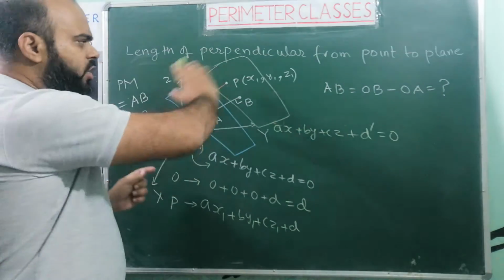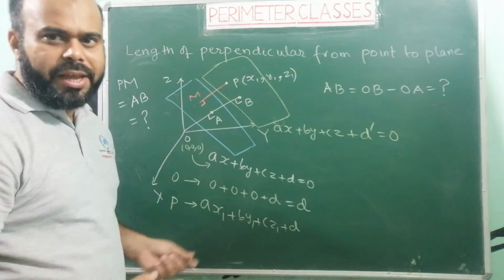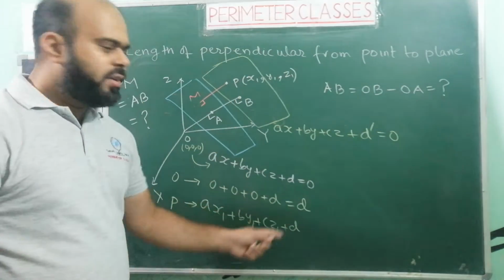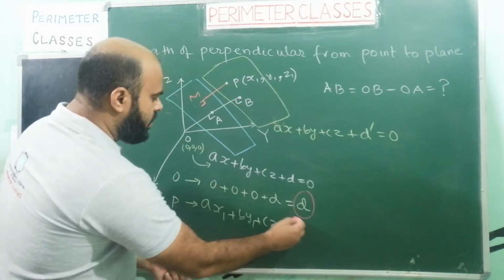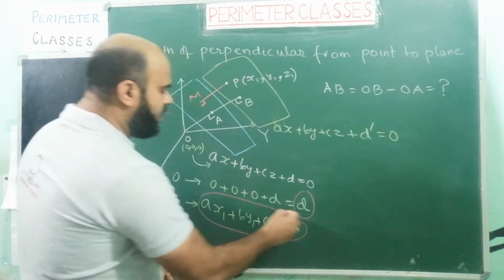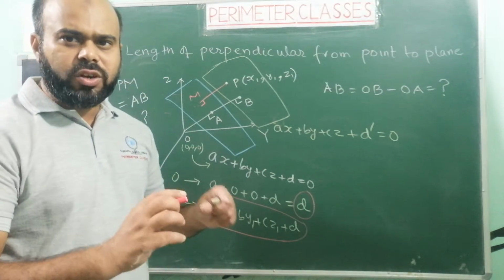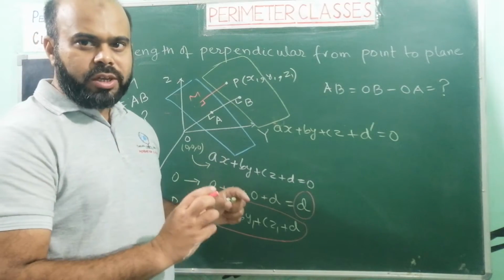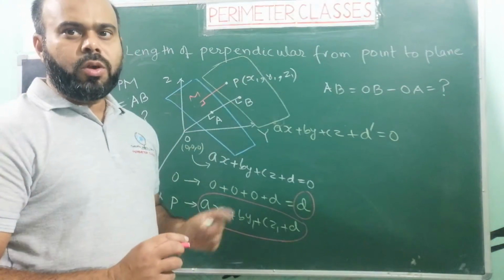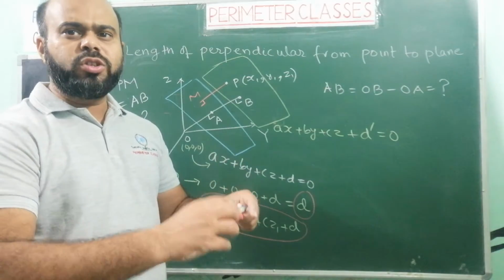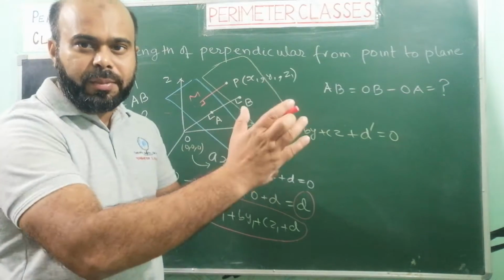Now since the origin and the point P I have taken are on two opposite sides of the plane, these two will have opposite signs. So the value of D and the value of ax1 plus by1 plus cz1 plus d, obtained after putting the origin and the coordinates of P, are non-zero values because these points are not on the plane, they are outside the plane.